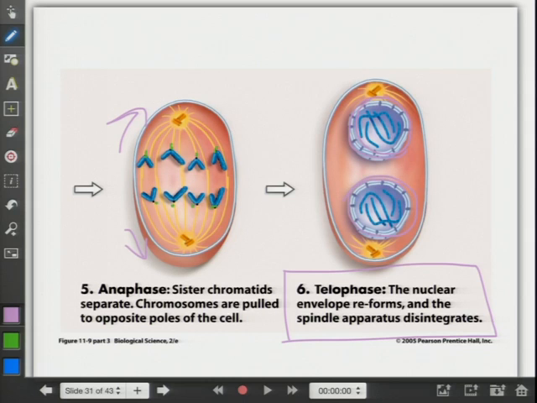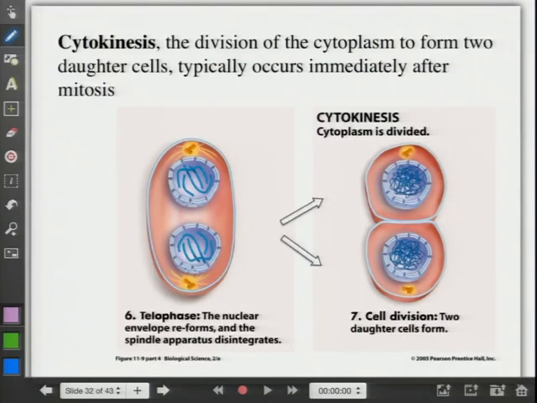Okay? And they show them as sticks here. The spindle, all those fibers are disappearing. But they're still together as one cell. Right? This outer plasma membrane is still one, around both nuclei. That's telophase. And then cytokinesis is when we actually divide the cytoplasm.